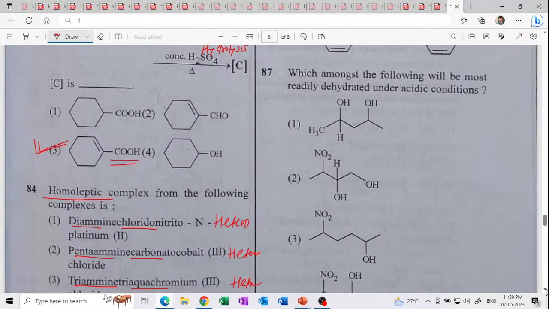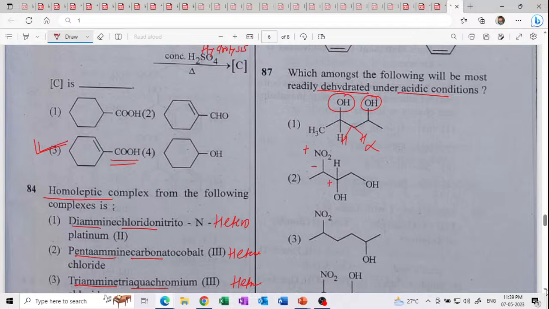Which among the following will give the most readily dehydrated water? Acidic condition, dehydration. Which undergoes the dehydration? This is the OH and OH, the diol group, and so this is the hydrogen. So this is acidic hydrogen, alpha hydrogen. This is very close to the nitro group. This is NO2 plus, this is minus.